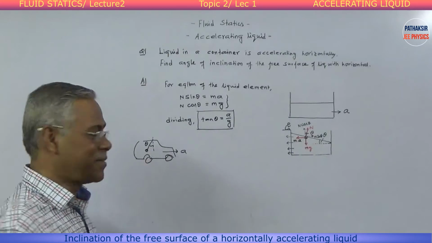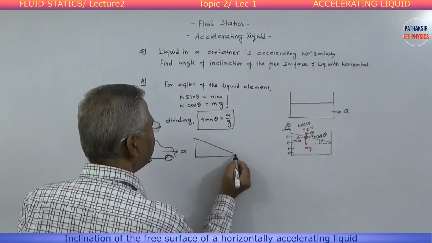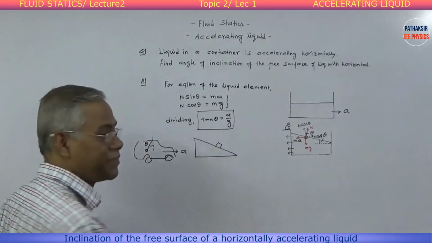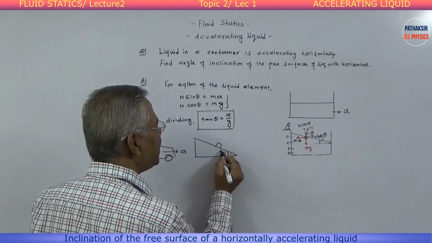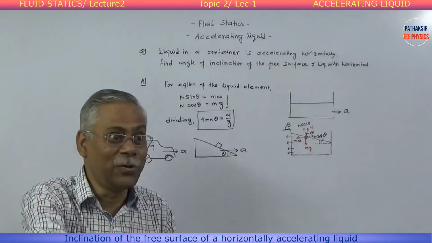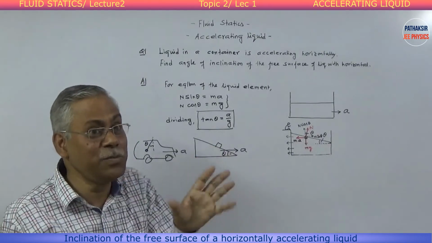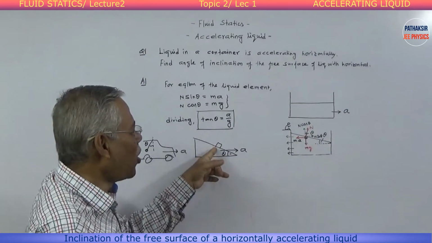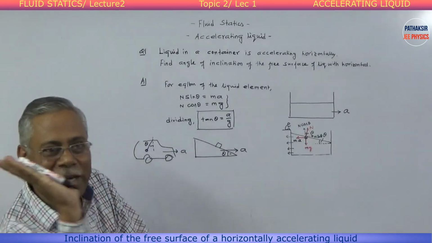Another instance: a block on an incline of angle theta, this is accelerating, and the acceleration has such a value that the block is not slipping on the surface. The surface is smooth, but the block is not moving with respect to the surface, means the block is remaining in the same position.